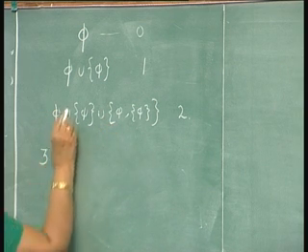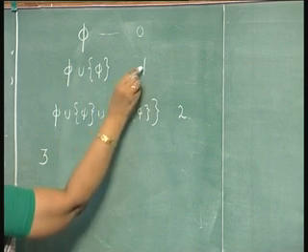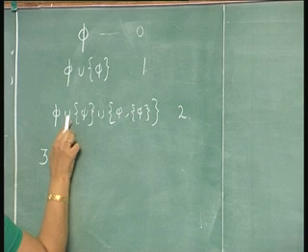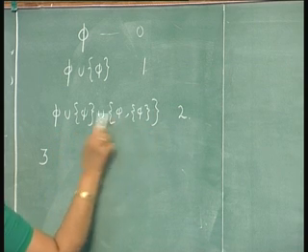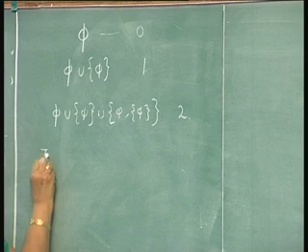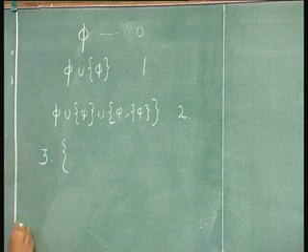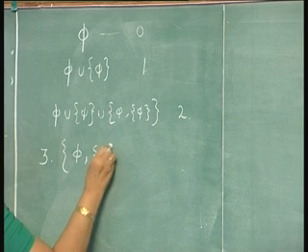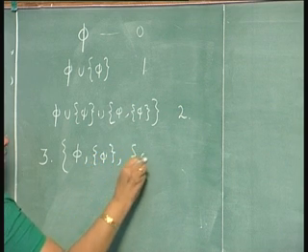So, the phi union phi is just having one element, right. Then phi union this is having only 2 elements like this. This is union phi is empty. So, the number 3 will have elements phi, phi, phi.